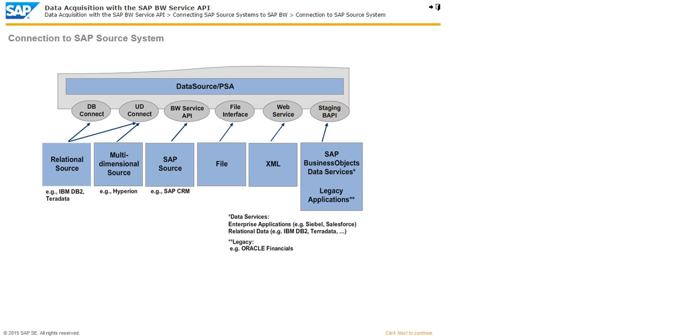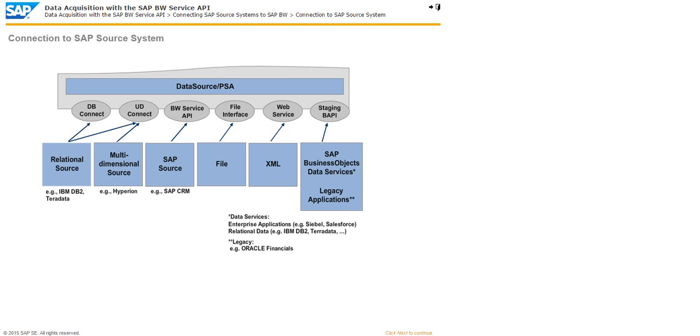Flat files for which metadata is maintained manually in SAP BW and data is transferred to SAP BW using a file interface. Database System. Database Management Systems or DBMS, into which data is loaded from a database supported by SAP using DB Connect without using an external extraction program.